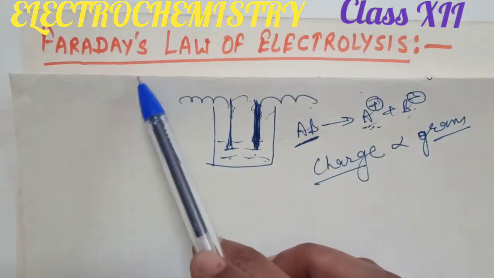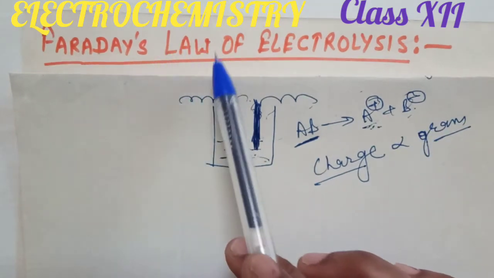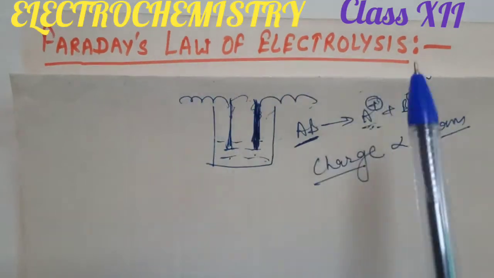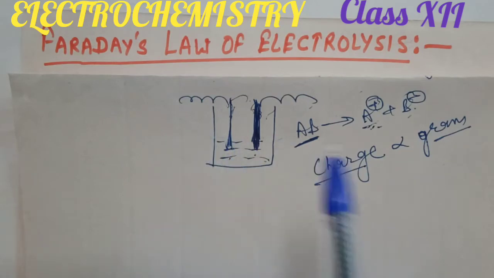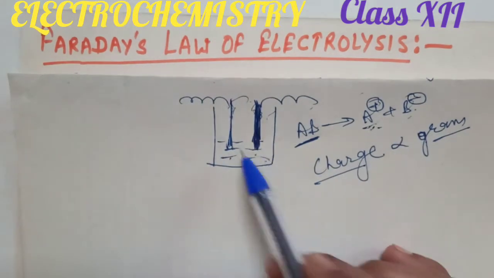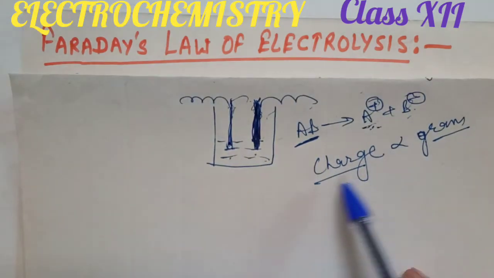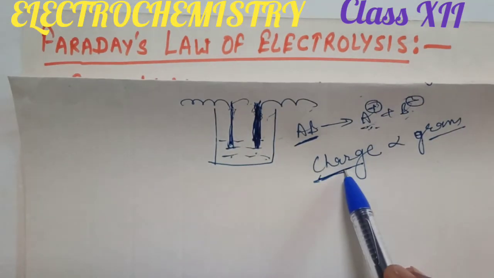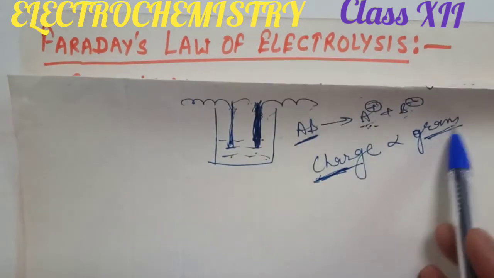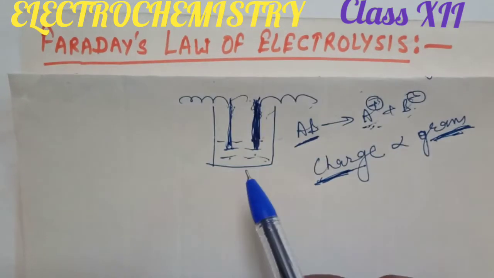There are two laws of Faraday for electrolysis, first and second. The first law says that the mass deposited on an electrode is directly proportional to the charge. The more the charge, the more grams will be deposited on the electrodes.